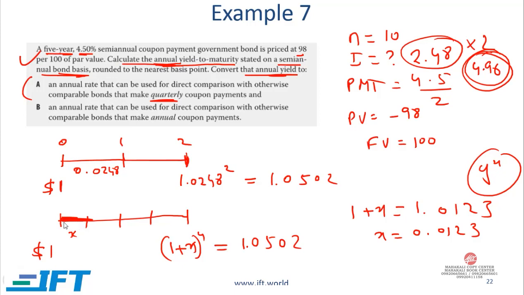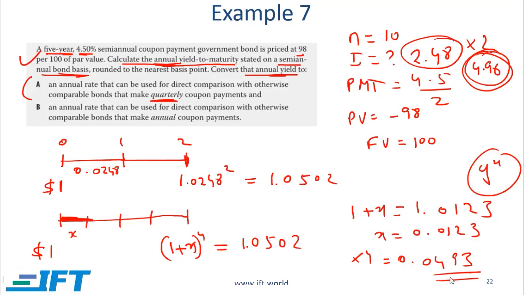The stated annual rate will then be this number times 4, which is 0.0493. In percentage terms, we can say that the stated annual rate with a periodicity of 4 is 4.93%.